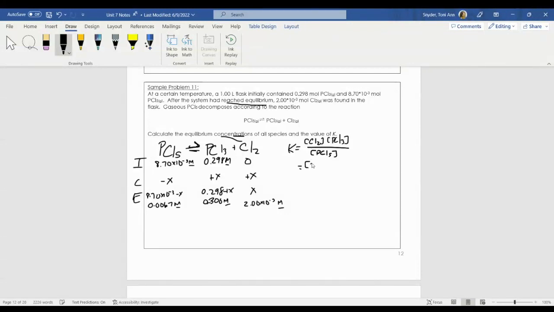So let's do 2.00 times 10 to the negative third times 0.3 over 0.0067. And when we do that, we get 8.96 times 10 to the negative second. Still pretty reactant heavy at equilibrium. I do have quite a bit more reactants there relative to products.